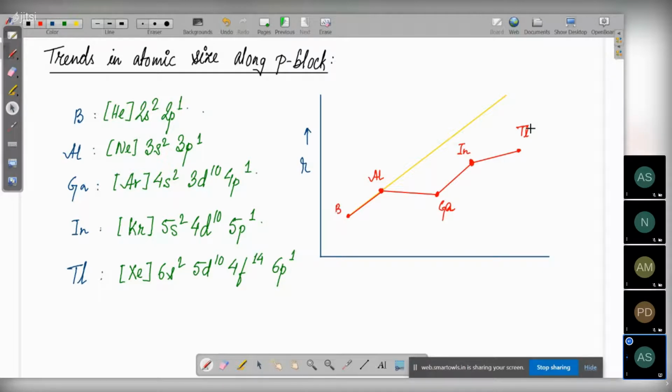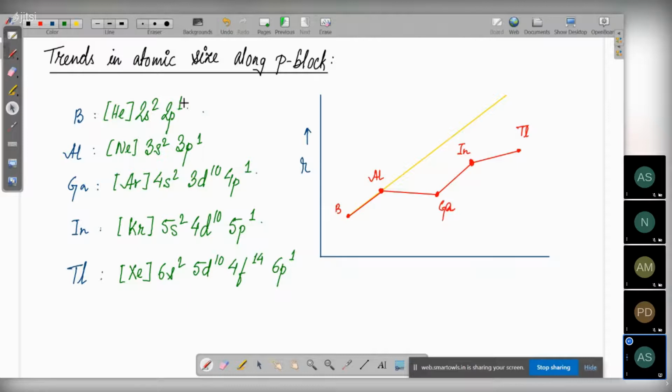So what is the reason behind such an observation? We are mainly getting two exceptional cases. One is that aluminium and gallium have almost a similar size. Another exceptional case is indium and thallium, where the size does not increase as much as expected.